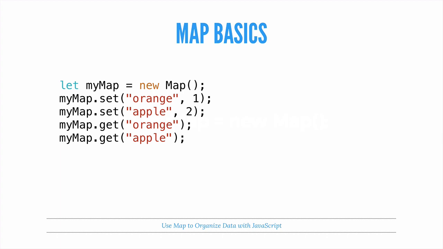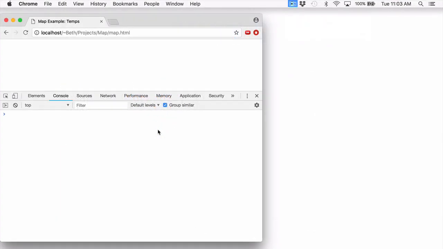Let's try this code in the console. I'll create a new map in the variable myMap. Now I can add the key value pair, orange and 1, and the key value pair, apple and 2. So now the map contains two key value pairs, and you can see how the items are displayed here in Chrome.